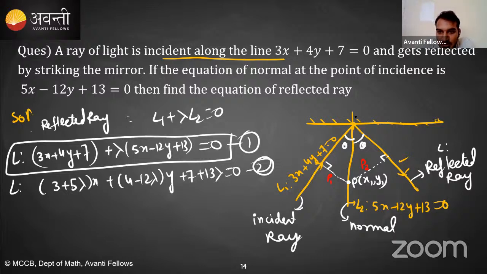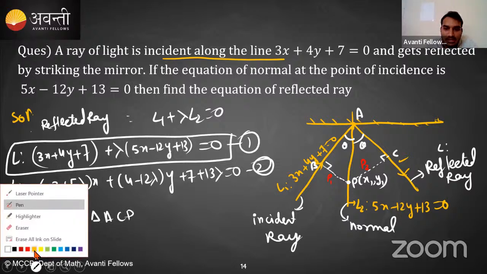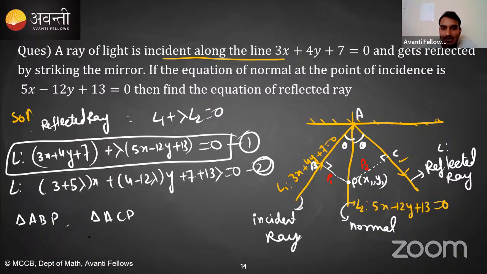देखो, let's call this point A, B, and let's call this C. Okay. So if I tell you in this triangle A, B, P, and triangle A, C, P. Okay. These two triangles I'm talking about. So one thing that you note from these two triangles, this angle and this angle is equal.